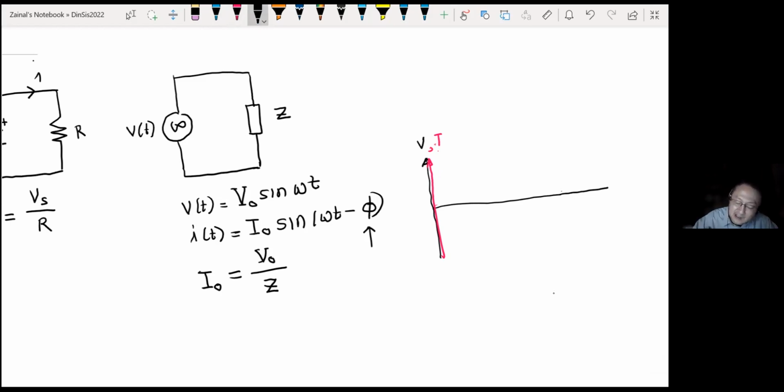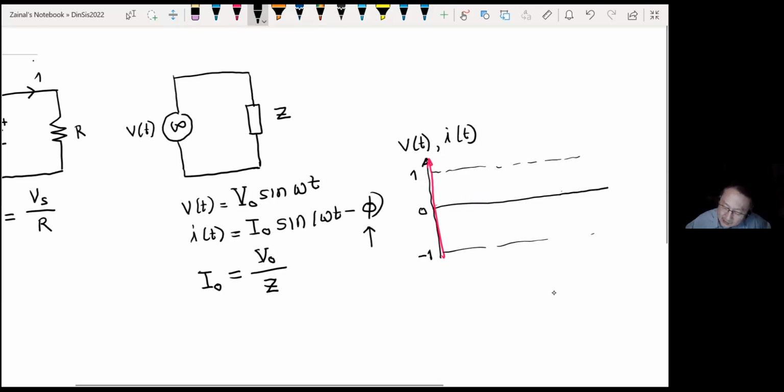Sorry, this one is voltage at time t and also current at time t. If you plot this one, for example, this one is equivalent to say 0, this one is 1/4, this one minus 1/4, then the voltage is something like this, right?